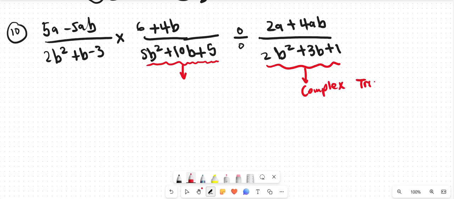This is a complex tri, and this is an intermediate trinomial. Again, if you don't know what I'm talking about, go watch the trinomial video because I've made these videos for you guys. So please go watch it. Again, this is also another complex tri.